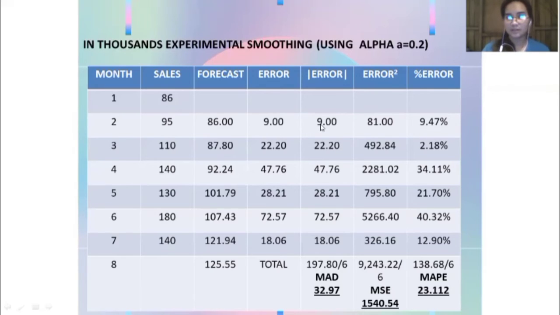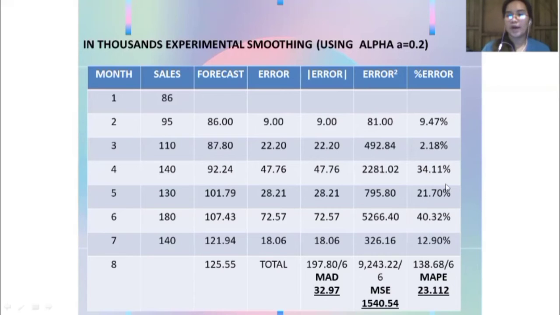So here, for the error, we only have to take the MAD divided by the actual. So the MAD of 9 divided by 95, and then multiplied by 100%, so that we can get 9.47. Again, here the 22.22 divided by 110 times 100, we can get 20.18%, and then so on and so forth, same process.